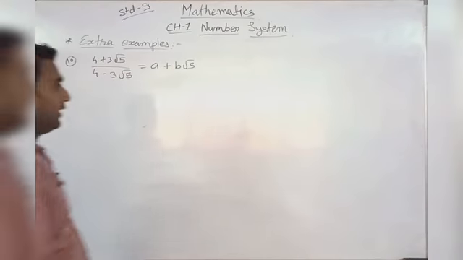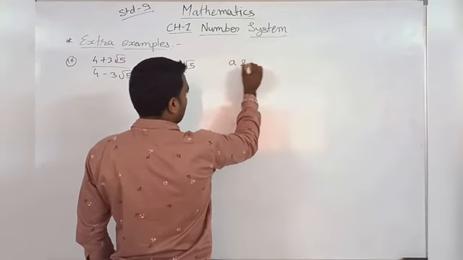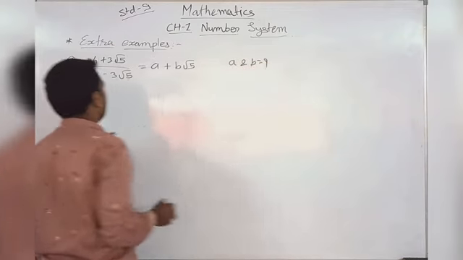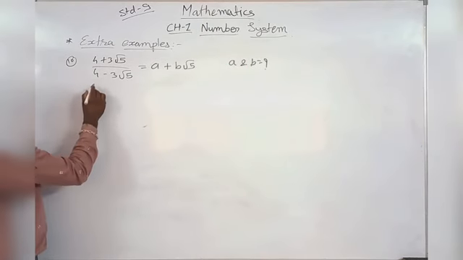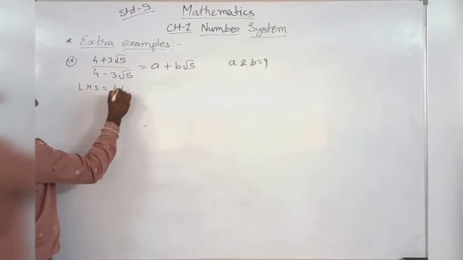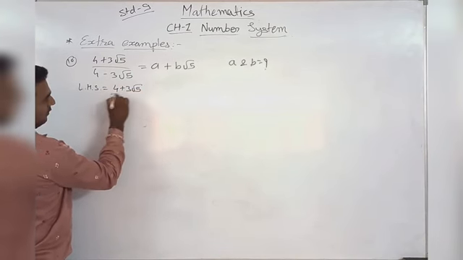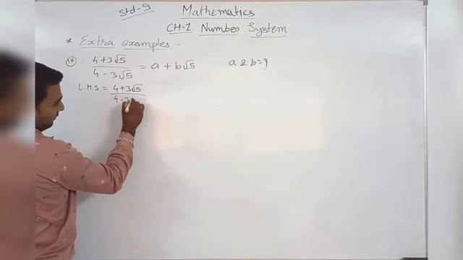We have to find out a and b. See here, we take the LHS is equal to 4 plus 3 root 5 over 4 minus 3 root 5.